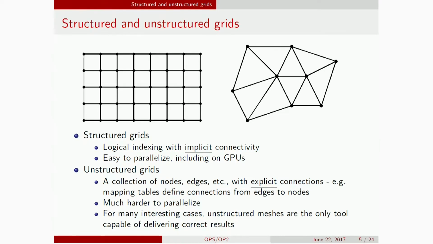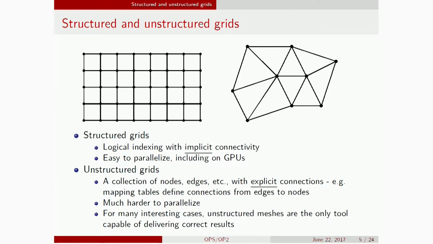But in unstructured grids, we have collections, we have nodes, faces, edges, and we have explicit information about the connection between these elements. For example, we have a table that tells that each edge connects two cells and the indexes of these cells.